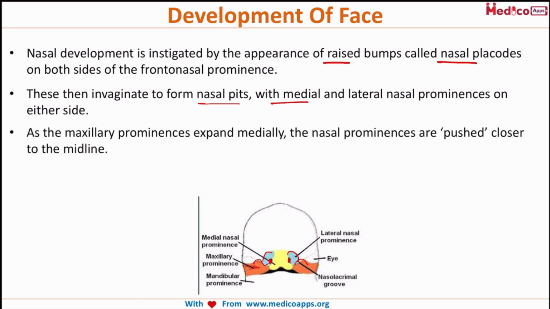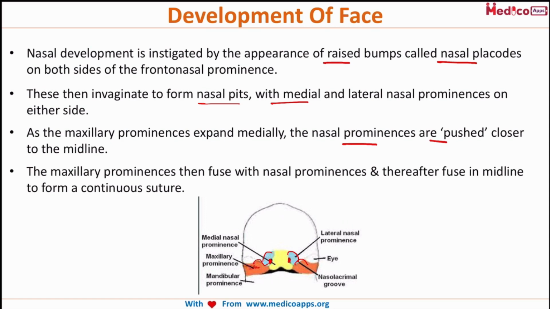Then as the maxillary prominences expand medially, the nasal prominences are pushed closer to the midline, and then they fuse to form the nose and the philtrum area, and the maxillary prominences then fuse with the nasal prominences and thereafter fuse in midline to form a continuous suture, and it forms the palate as well.